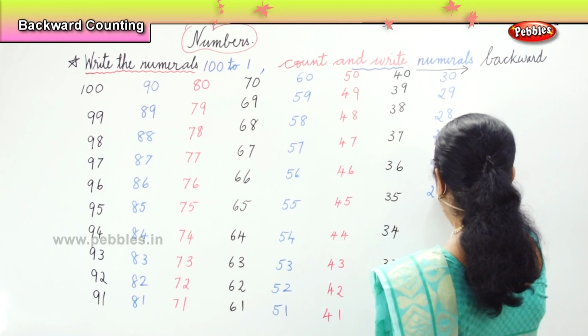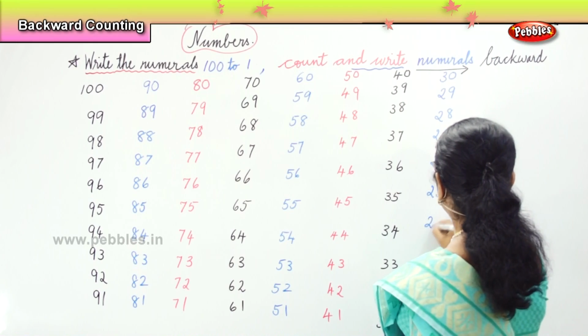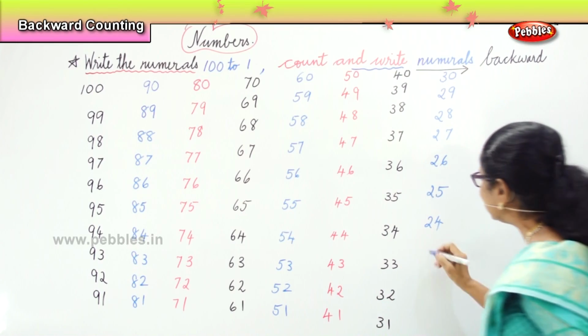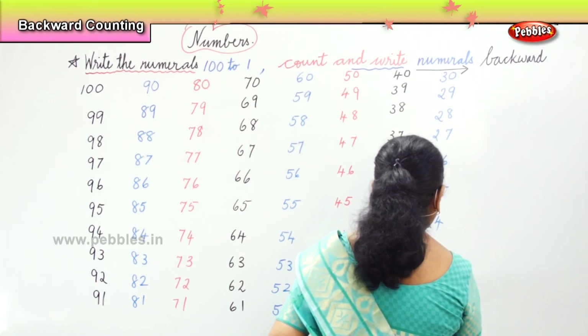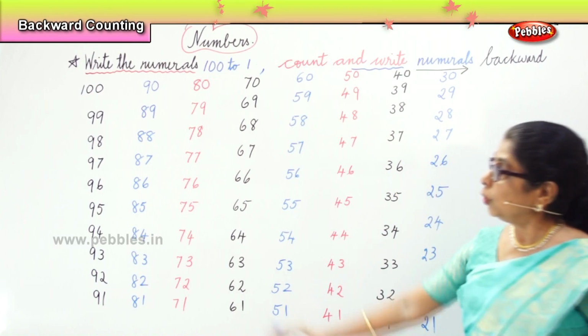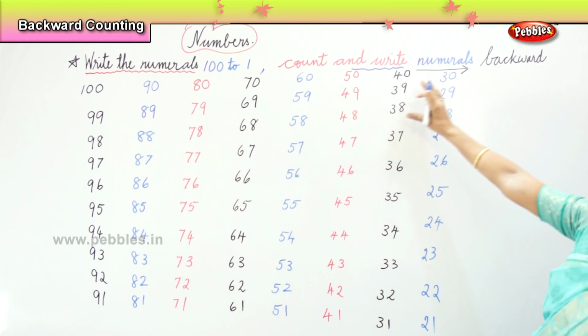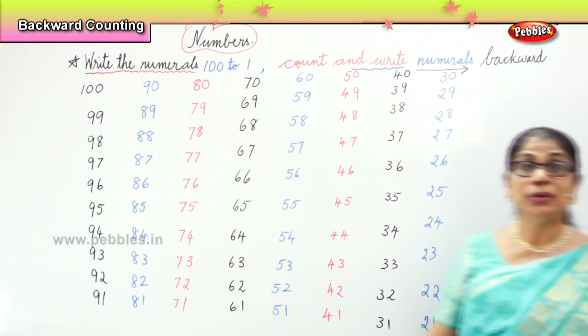One less? 25. One less? 24. One less? 23. One less? 22. And finally you get 21. We learn to count and write numerals backward from 100 to 21.